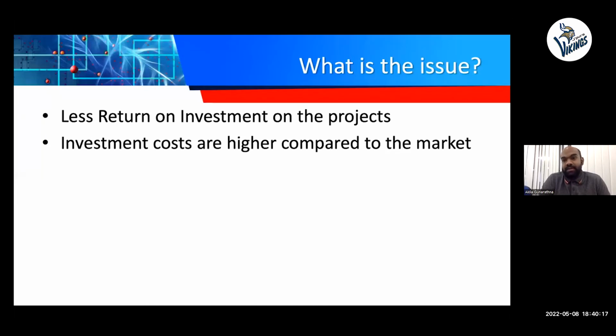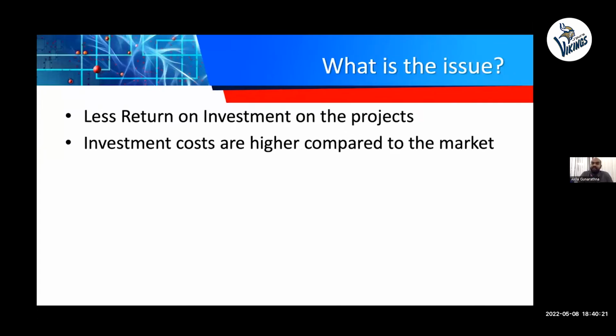There's no transparency on how you selected those contractors, how you spent it, and those projects are not giving returns also. It's like you've just taken debt and you're not earning anything.